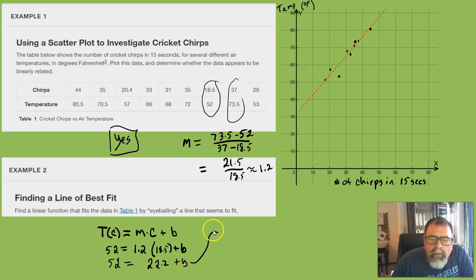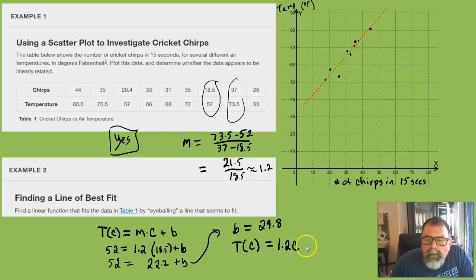So B equals 52 minus 22.2, which is 29.8. So then we get T of C is M, which is 1.2, C plus 29.8.